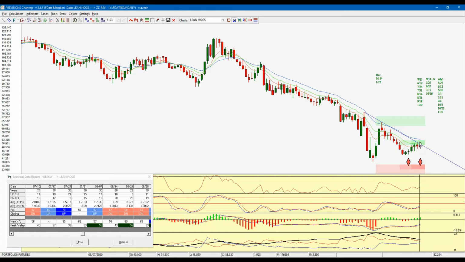All right. So when we see some kind of pullback happening, it would be nice to see it come back onto this line and making this line here its support. This would really add a lot of weight to a weekly swing bottom, a higher weekly swing bottom when you compare it to this one here.